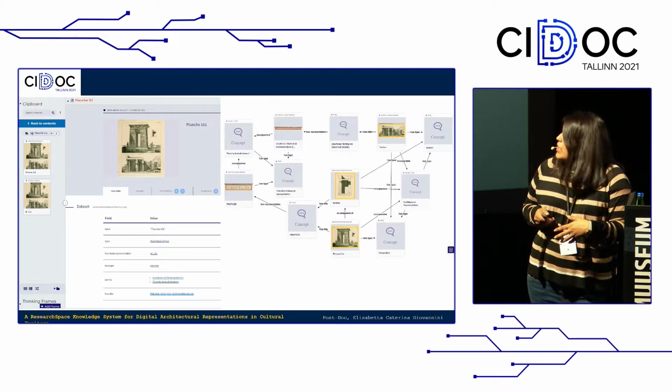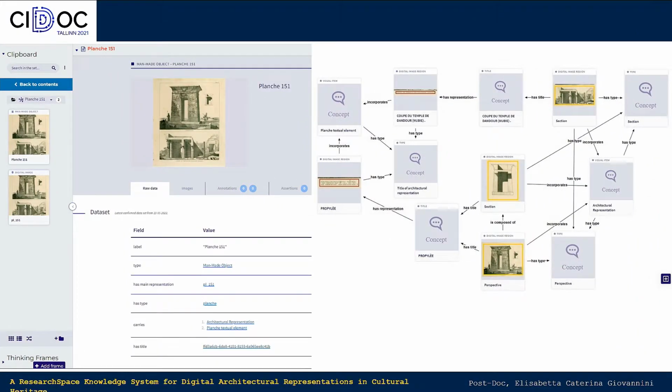As I said before, again, here we have, for example, a conceptual model for conceptualizing the architectural representation that is carried on the planche. And as you can see, the interface of ResearchSpace says us that this planche carries architectural representation and planche textual elements.